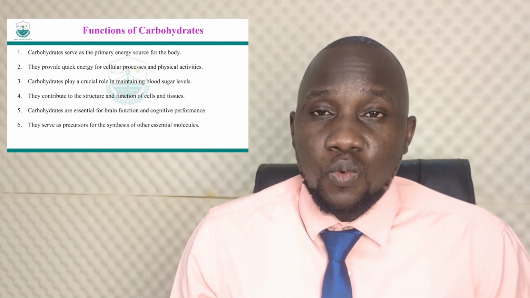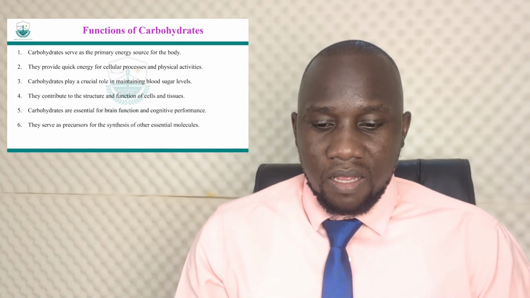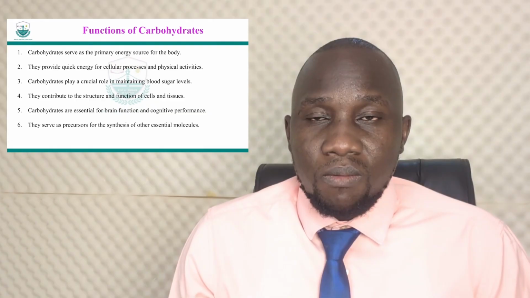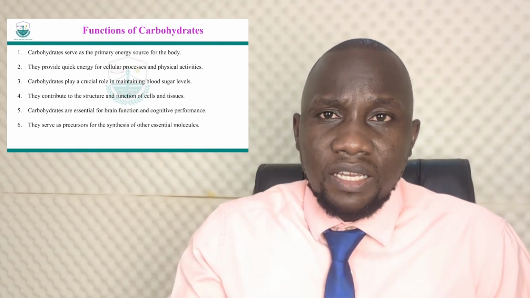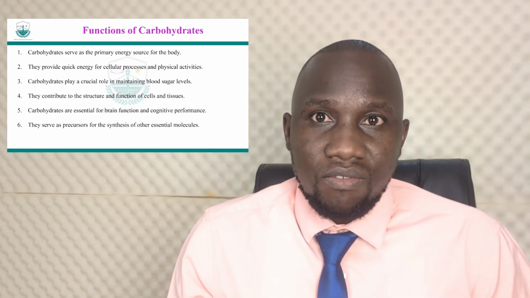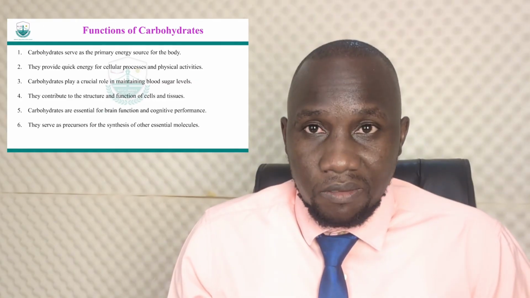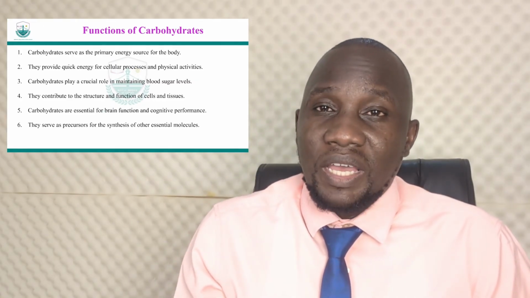And if the brain does not work for a minute, it's a very big problem. So the performance of your brain, that is cognitive function or cognitive performance, is reduced if you don't have sufficient sugars. We can use these sugars or carbohydrates to make other things.